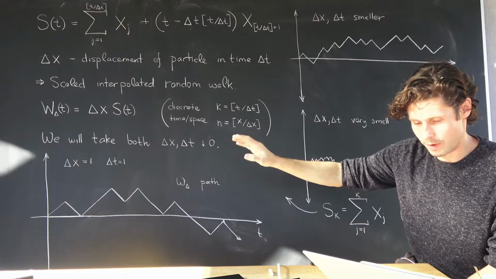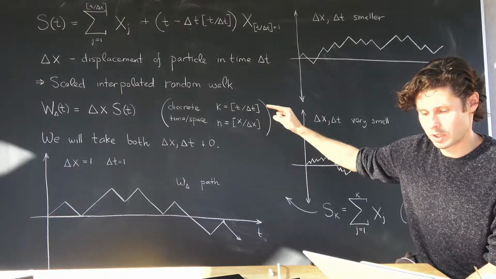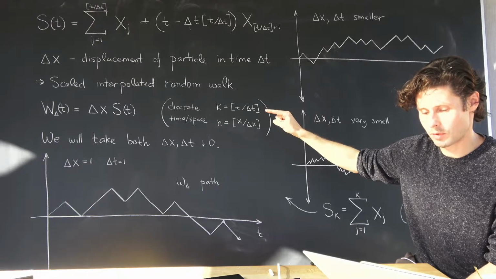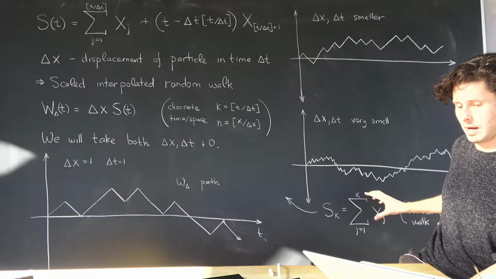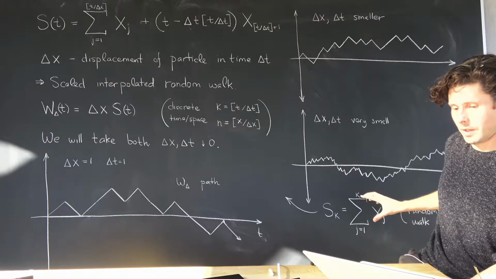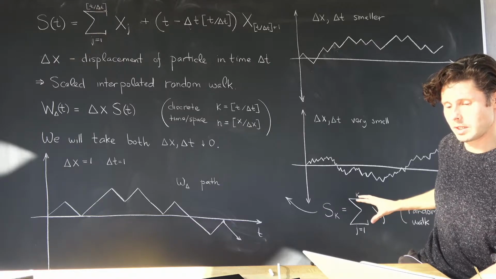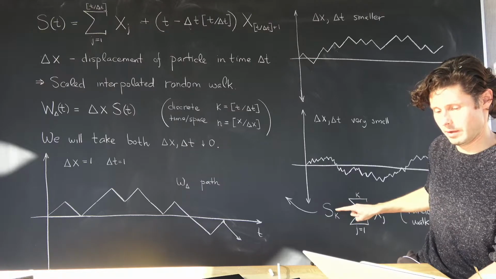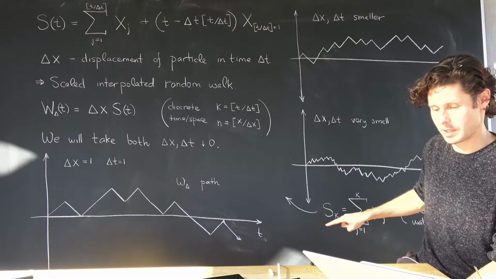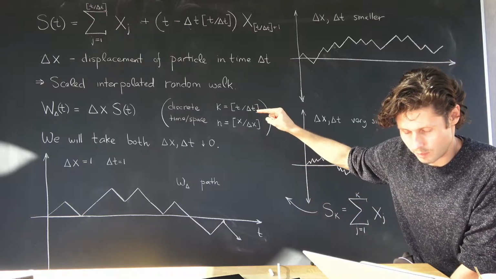But for any finite delta x and delta t, we can always convert back to discrete time and discrete space. So we can always come back to here. This is a Markov chain for which time is discrete, it's a natural number, and for which space is discrete. The state space of this Markov chain is the integers, and here I recover both for you.